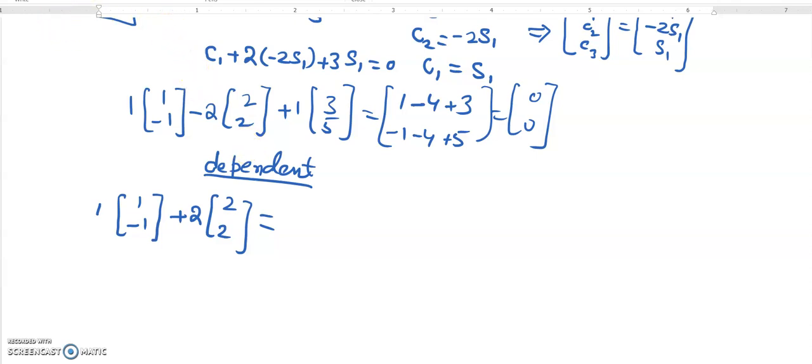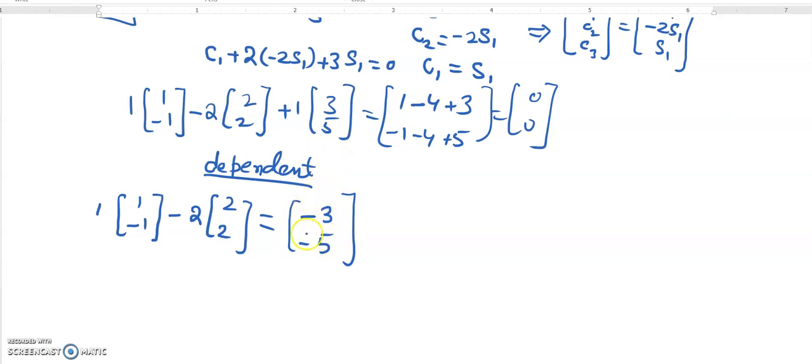Yeah, so in the last video I was doing the calculations for checking whether these two vectors are independent or not. So what I can do is, over here one of the values was 1, the other was -2. Okay, so -2, and then what I will get is 1 minus 4 is -3, and -1 plus -1 minus 4 is -5, which is the same as this third vector.